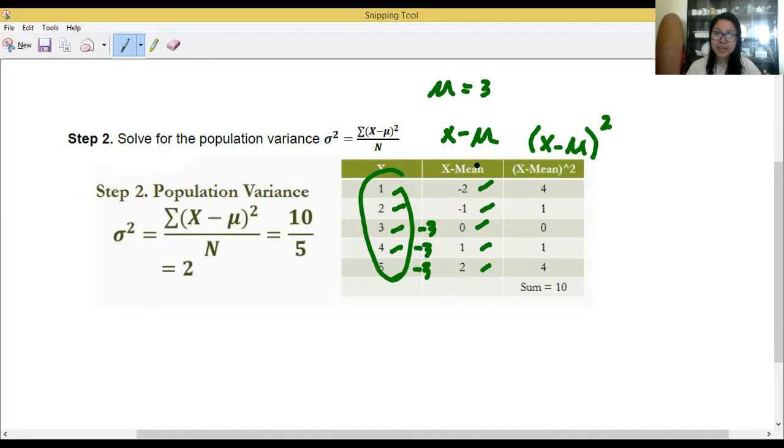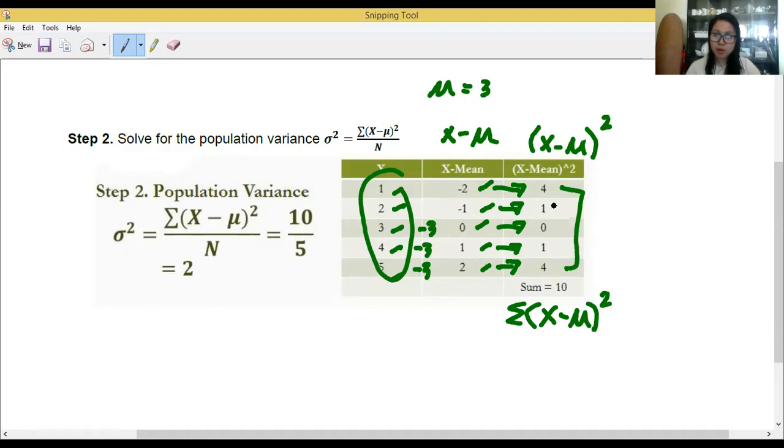The answer in the second column, square it. So negative 2 squared, the answer is 4. Negative 1 squared is 1. 0 squared is 0. 1 squared is 1. And 2 squared is 4. Next, let us have the sum of this one. You add all numbers in this column.